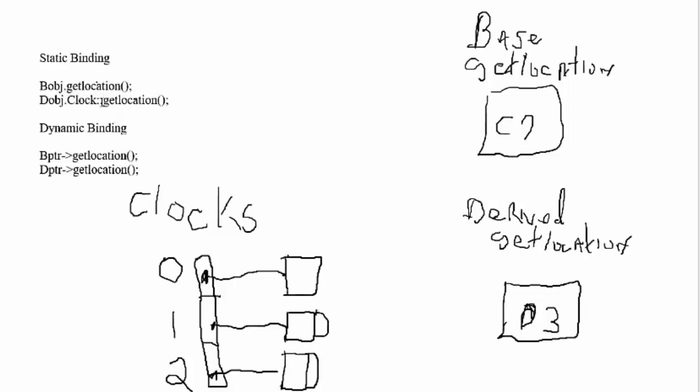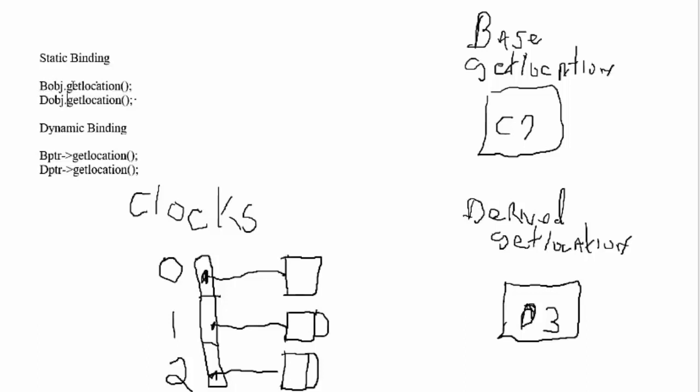But again, the compiler would see that notation and know that it should call the base class getLocation. All right, so during compile time, by just looking at these two sets of code, I know exactly which function to call. The compiler would then place a call to that function in place of this syntax right here.